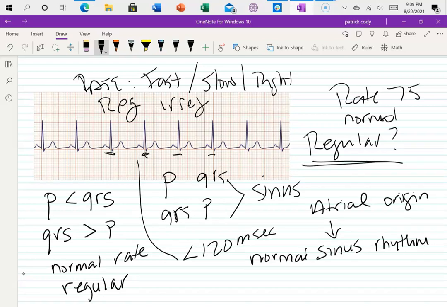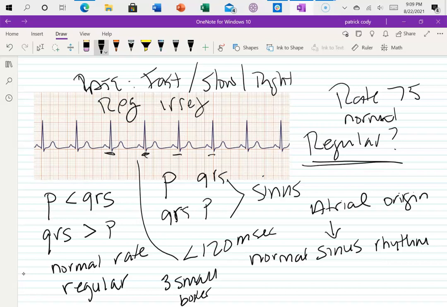And you remember from our lesson earlier when we talked about measurements in time that 120 milliseconds would be 3 small boxes. So if the QRS complex measures from the beginning of the QRS to the end of the QRS and it's less than 3 small boxes, then that's the normal width for the QRS complex.